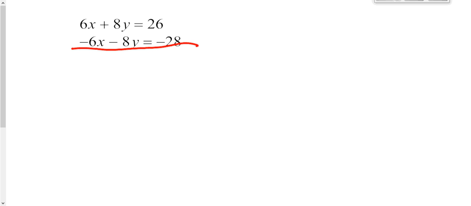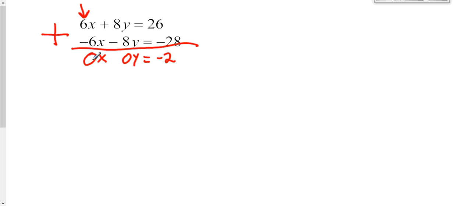So in this case, we get to make a choice. Which one do we want to eliminate? I'm going to choose to eliminate the 6's. Because one's positive, one's negative, we're going to add. 6 plus negative 6 is 0x. 8 plus negative 8 is also 0y. And 26 plus negative 28 is negative 2.